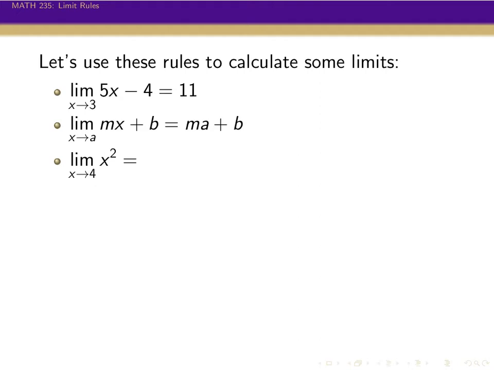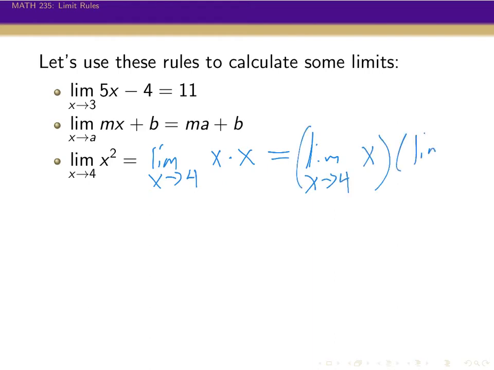Okay. What if we wanted to do the limit of x squared as x goes to 4? Well, we could do the same idea as before. For squaring something, what are we really doing? Well, we're multiplying x by itself. And so we can think about this as being the limit of x times x. And we know how to do the limits with multiplication. So we can think about this as being the limit as x goes to 4 of x times the limit as x goes to 4 of x.